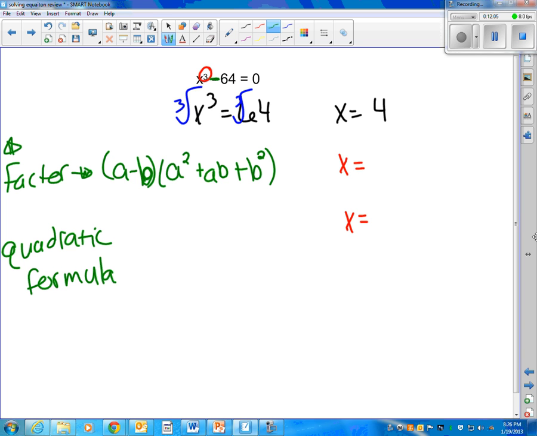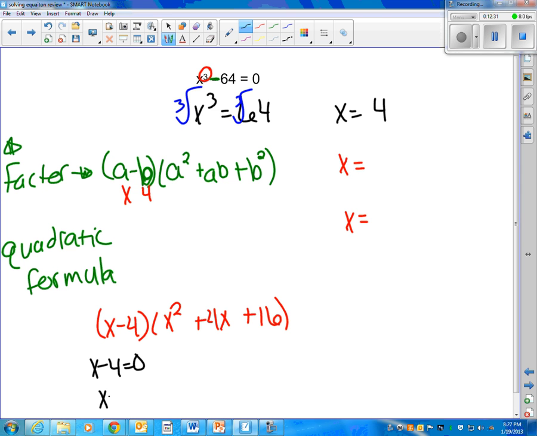Okay, so let's factor this. To find the cube root, a is equal to x and b is equal to 4. So putting this in, I have x minus 4 times x squared plus 4x plus 16. All right, set each group of parentheses equal to 0 and solve. x is equal to 4.